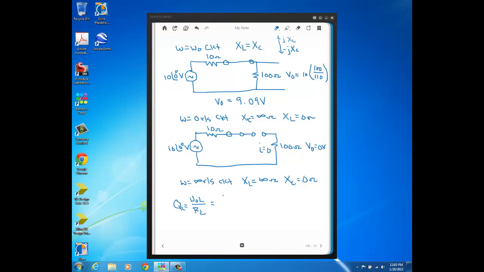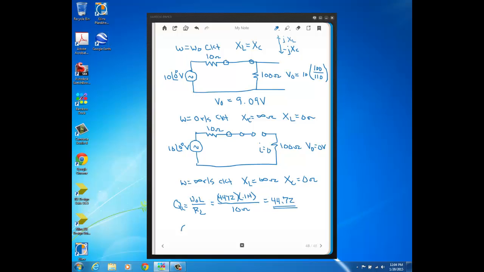So we would take our resonant frequency of 4472 radians per second, multiply times 0.1 henry, 100 millihenries, and divide by the resistance of the inductor, which is just 10 ohms. This comes out to a quality of the inductor of 44.72. Remembering that quality of inductor is an efficiency rating, this basically means that the inductor is storing 45 times more energy than it's dissipating.